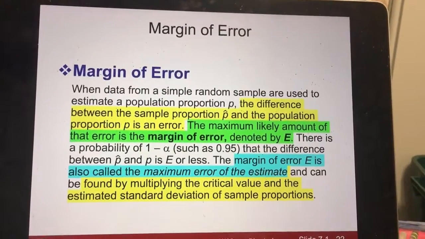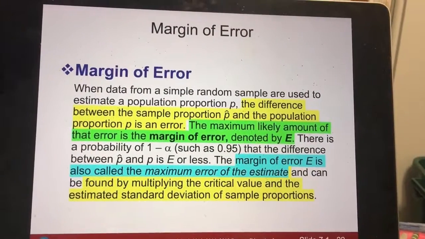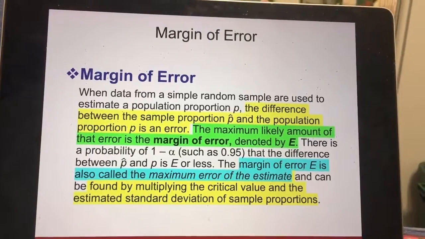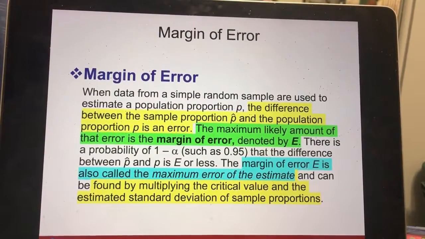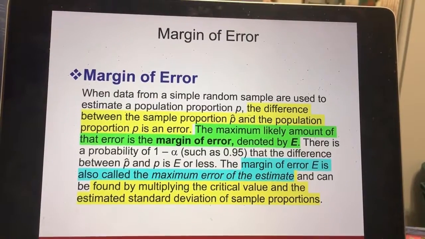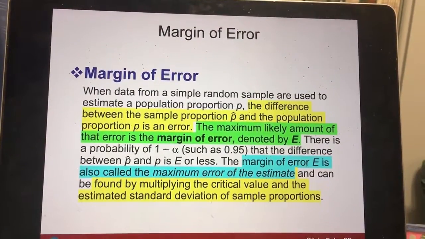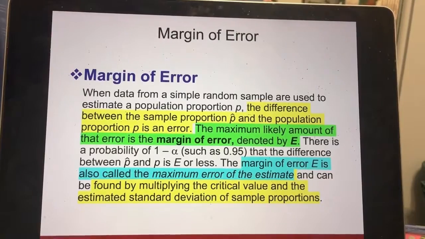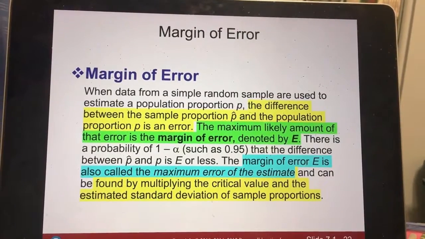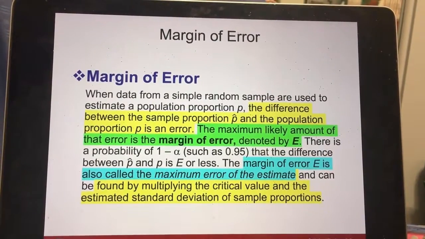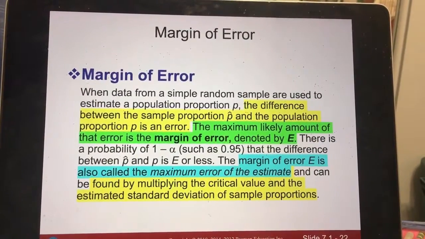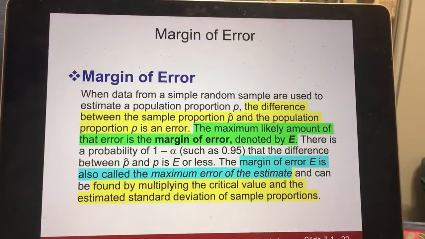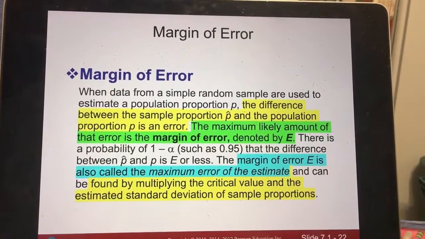When data from a simple random sample are used to estimate a population proportion p, which is what this whole section is about, the difference between the sample proportion p hat and the population proportion p is an error. The first was p hat, the second is the true population proportion p, and we call that our sampling error.